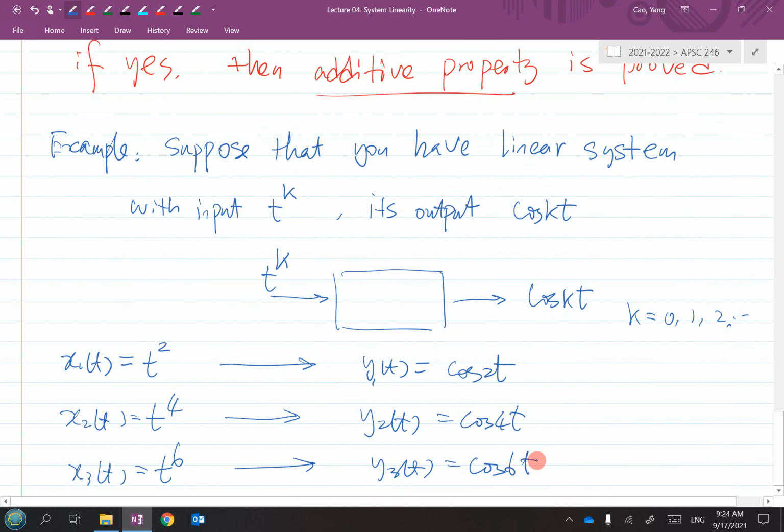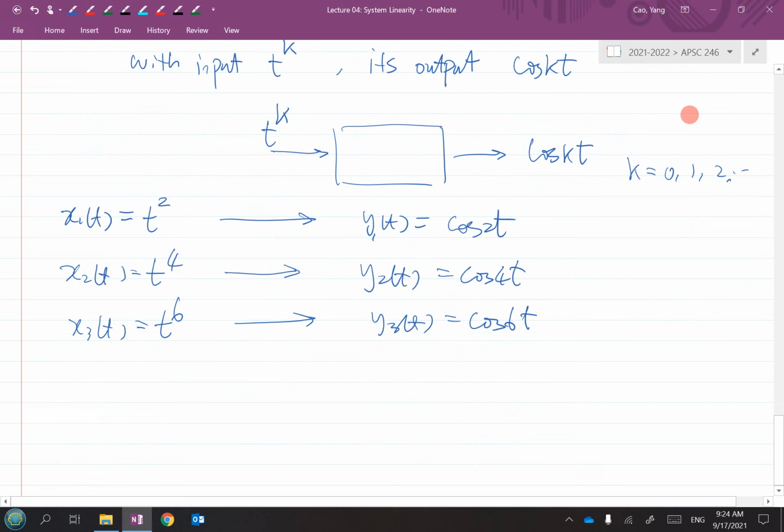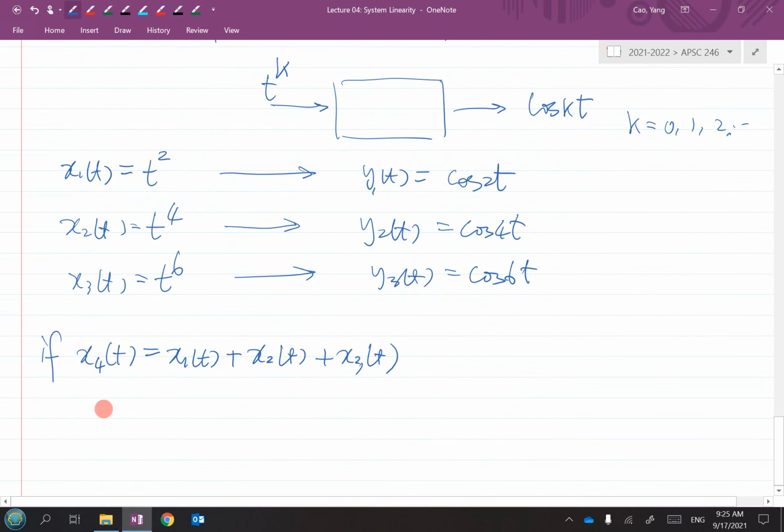Now let me ask you this question, and see if you can catch the additive property. If the fourth input is an addition of x1, x2, and x3 of t, then what is the corresponding output?